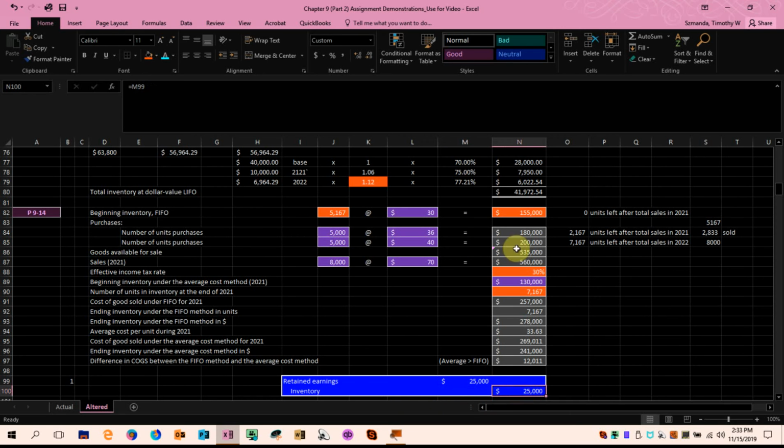And where do we get the $25,000? That'll be the difference between the $155,000 and $130,000 beginning inventory values. So that's the adjustment that we're making in this problem. That's a retroactive adjustment for the difference in beginning inventory under the FIFO and average cost methods.